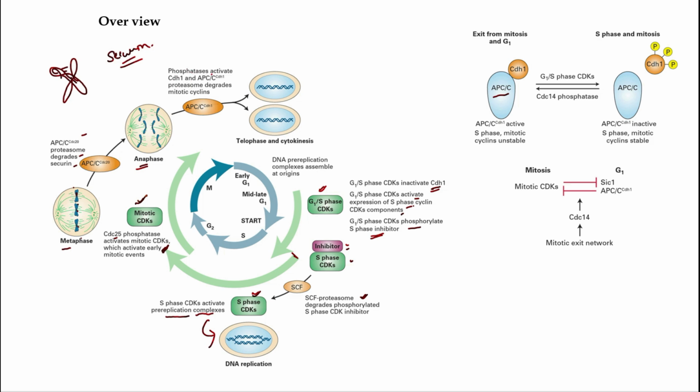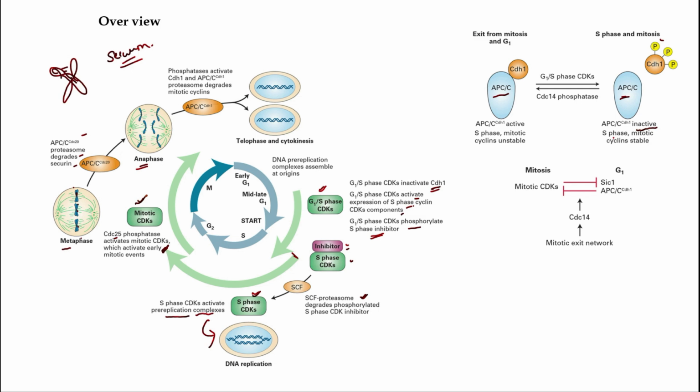Now what happens? A phosphatase activates CDH1, and the APC-CDH1 proteasome degrades mitotic cyclin. What does this mean? Here there is a phosphatase. When phosphate is present on CDH1, it cannot bind with the APC, so it is inactivated.